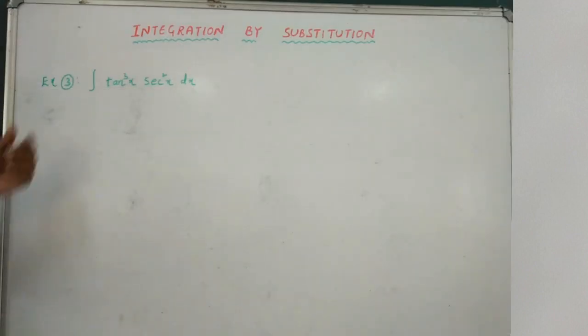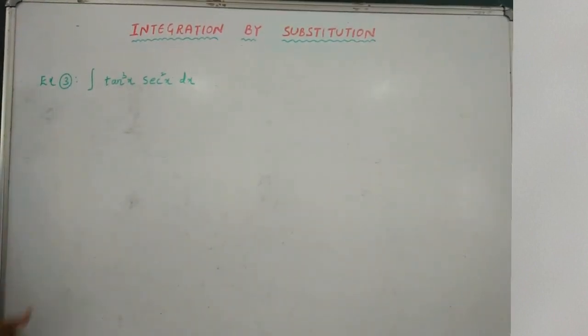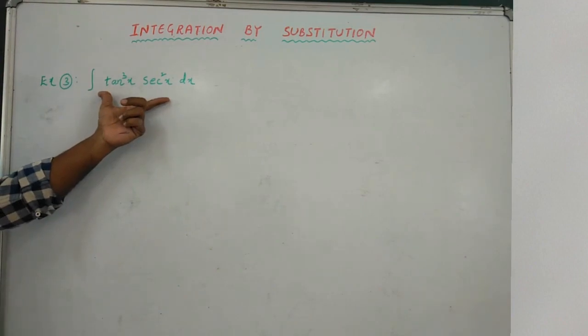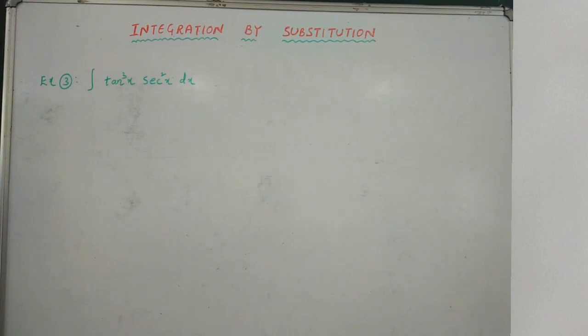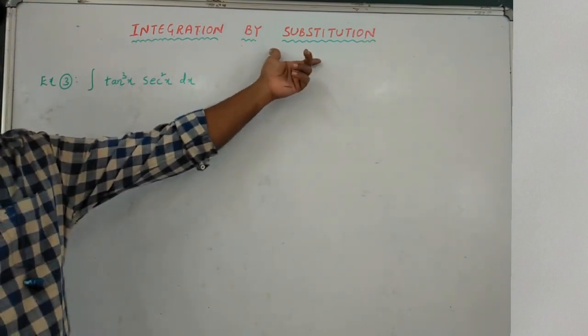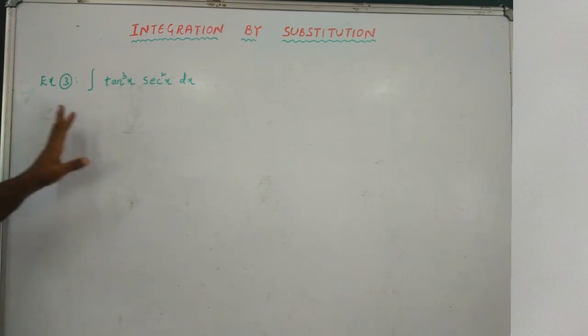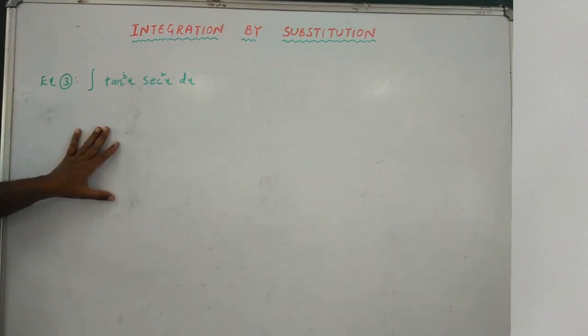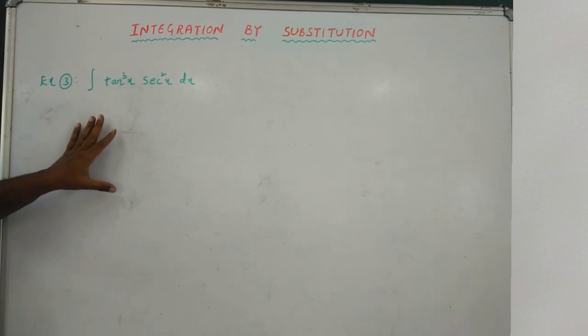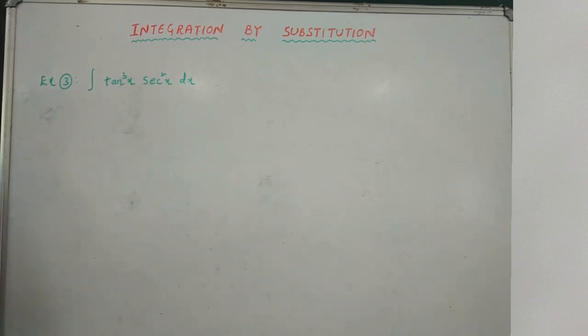Next, example 3. What is the integral of tan cube x into secant square x dx? By using substitution, we will do this problem. Already I said that in most of the problems you will see two functions, one is f of x and one is f dash of x.